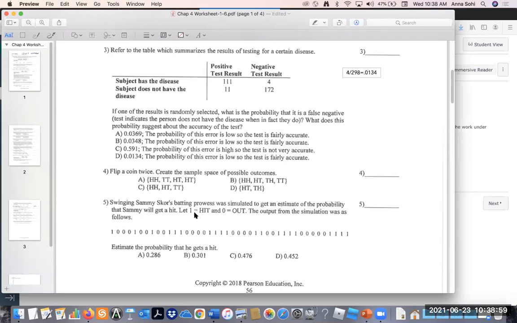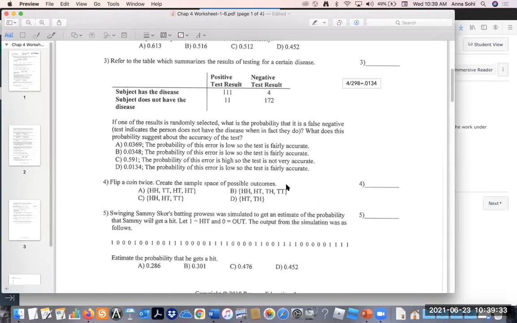A, B, C, D. Tell me what you think is the answer.